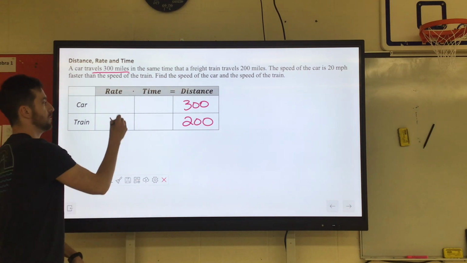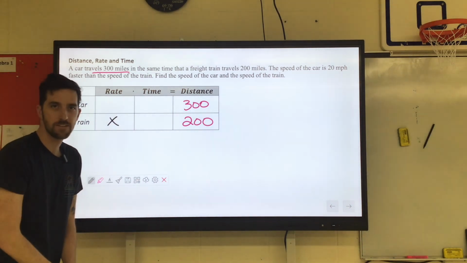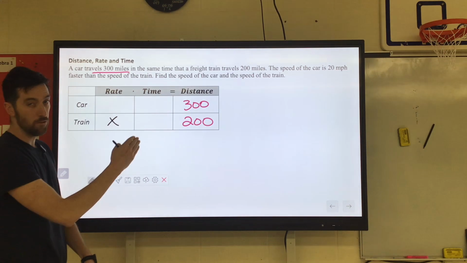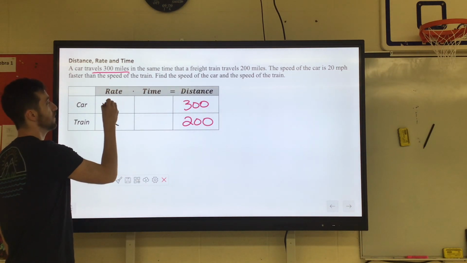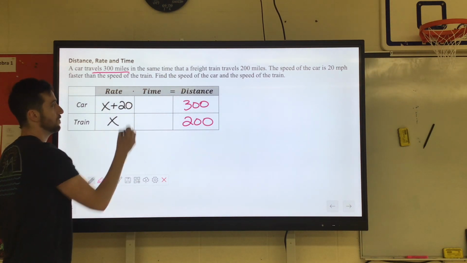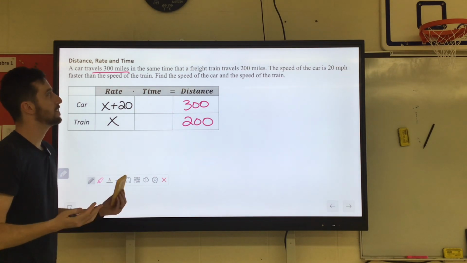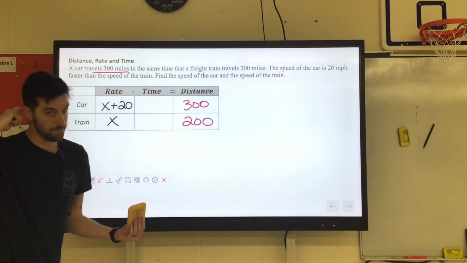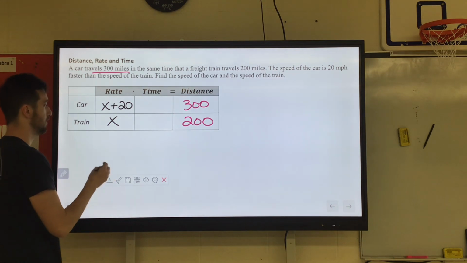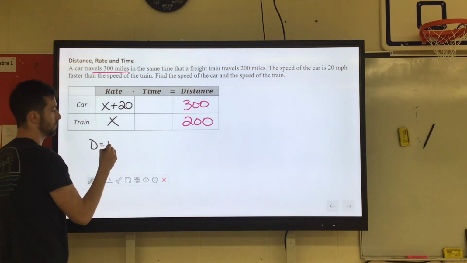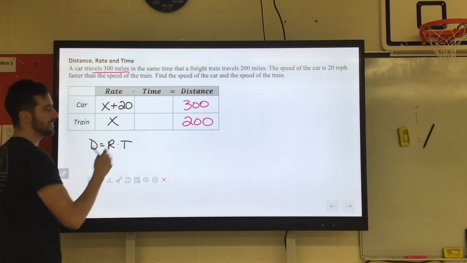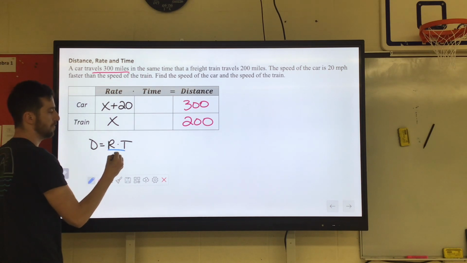We don't know how fast the train's going. Let's call it x. But I know that the car's going 20 over that, so we could say the car's rate is x plus 20. The time, it doesn't say anything about the time, really. But check this out. If we have the formula distance equals rate times time, and we're getting time by itself, you would divide by the rate.